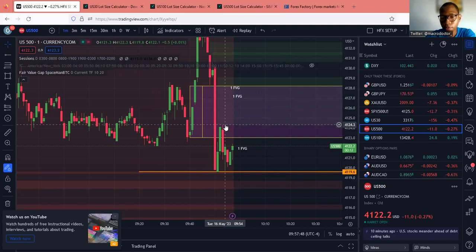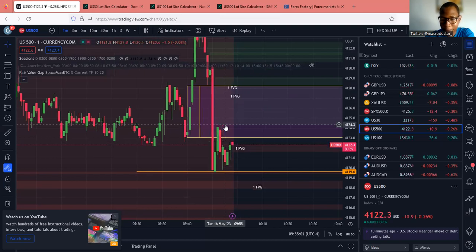Quickly get to my MetaTrader 4. Okay, MT4. So I'm looking forward to that.